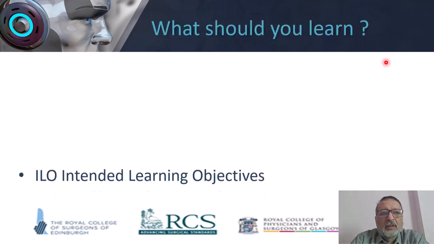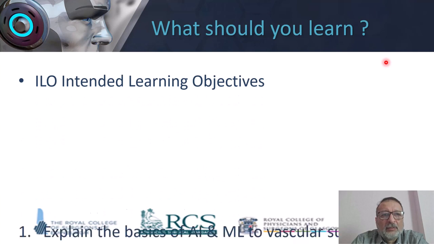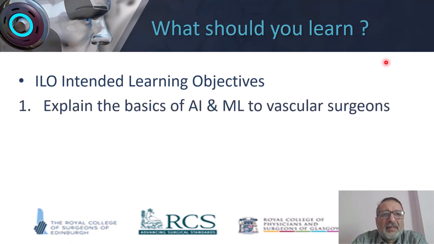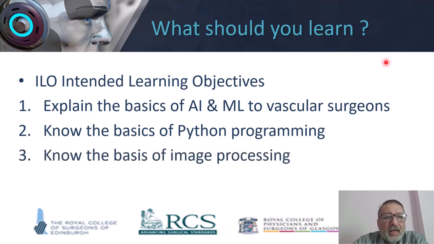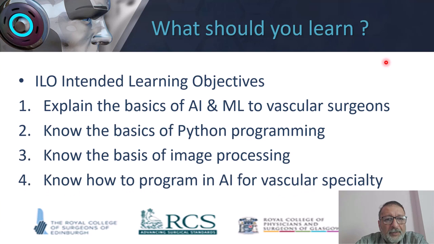What we would like to learn, the intended learning objectives, are to explain the basics of AI and machine learning, which does not need pre-computer knowledge, and this is very important. You will know the basics of a very easy computer language called Python, which is very near to simple English, and learn a little bit about image processing by artificial intelligence and machine learning, hoping that by the end of the course you can develop your own program.